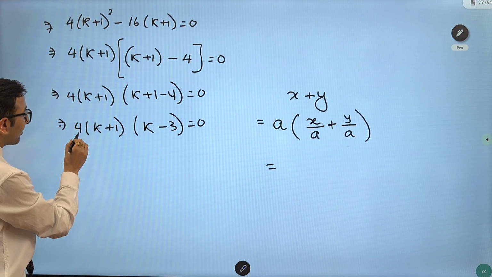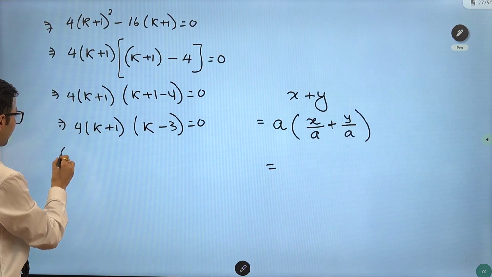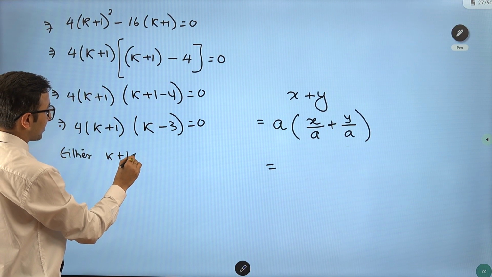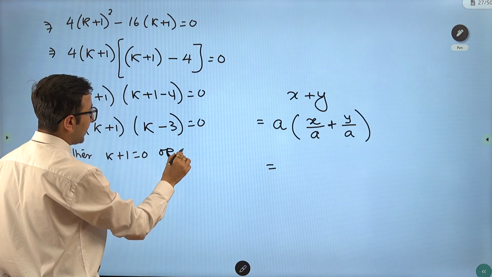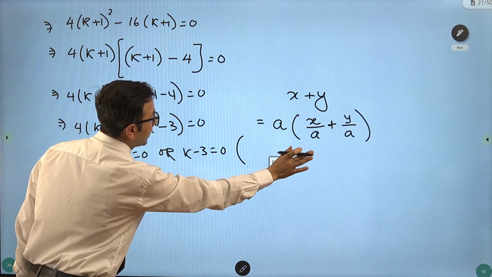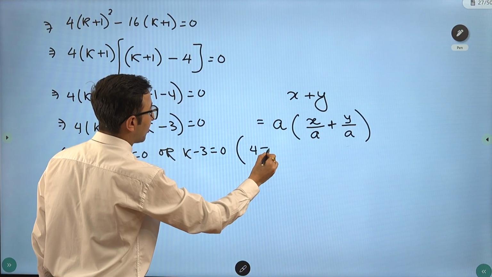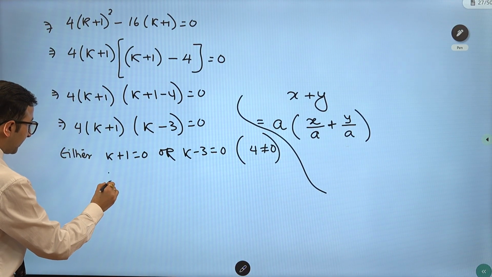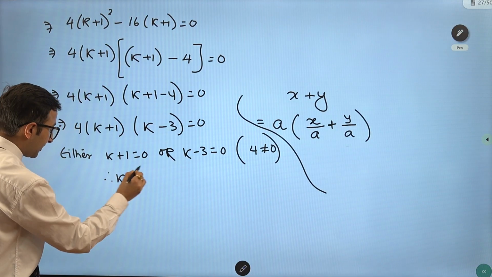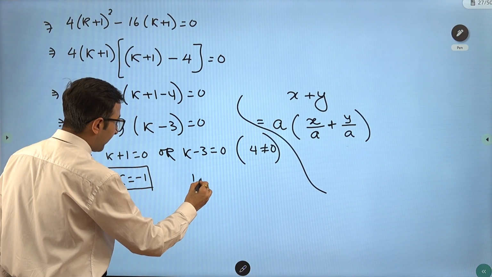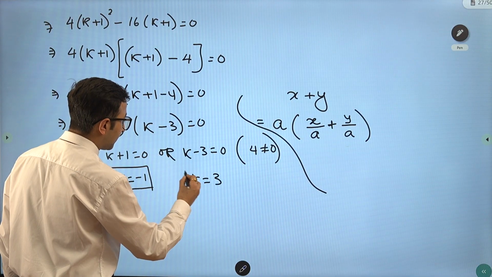So for sure that 4 cannot be equals to 0. That's why we will be writing that either k plus 1 is equals to 0 or k minus 3 is equals to 0, because 4 is not equals to 0. So here the value of k from this equation we will be getting -1. From here the value of k we are getting 3.